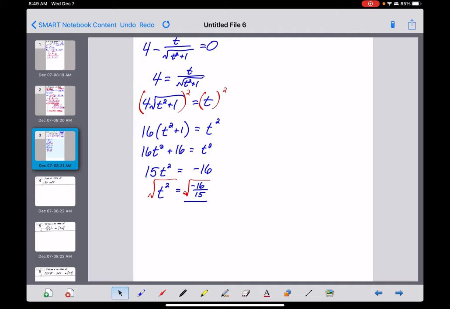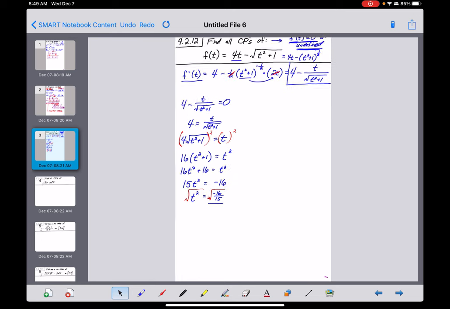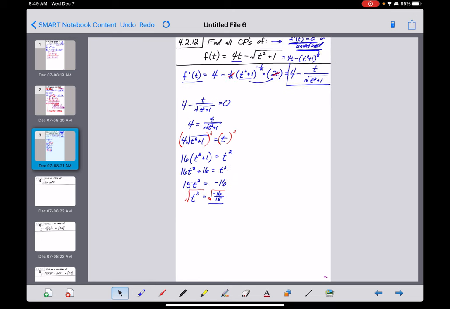We're just looking for values within the domain of the original function, f of t. So, oh my gosh, everybody, we did all that work, and guess what? There are no values of t for which your derivative is equal to 0. So that was kind of a bummer.